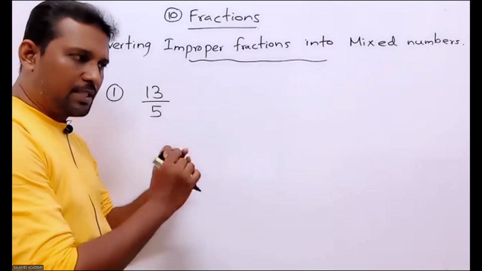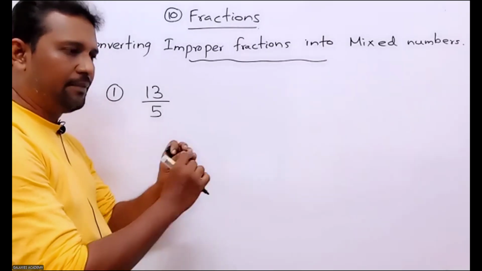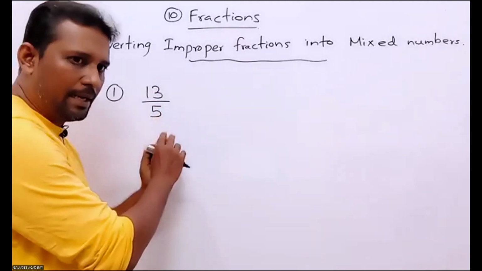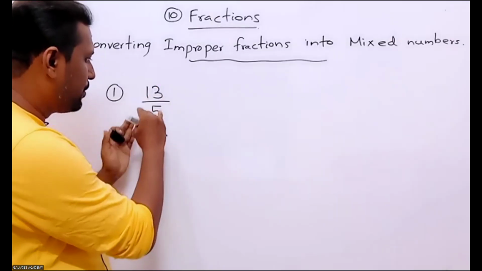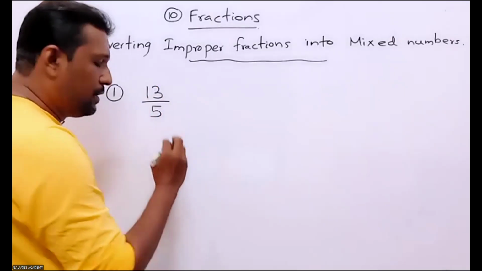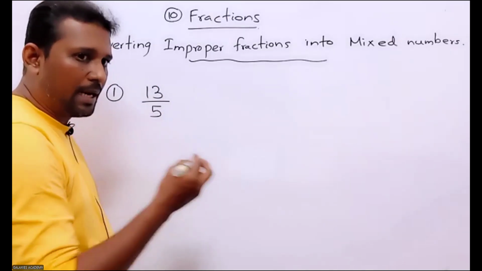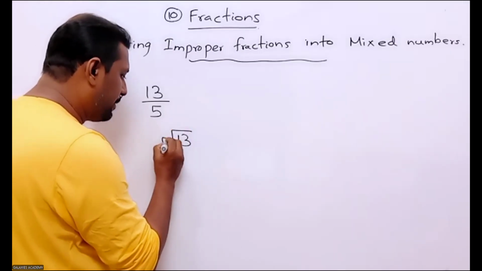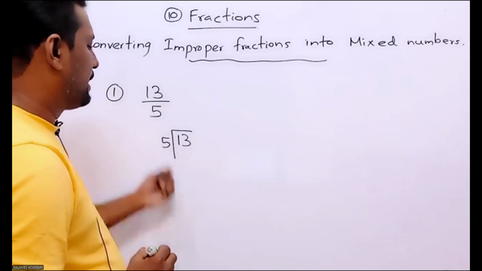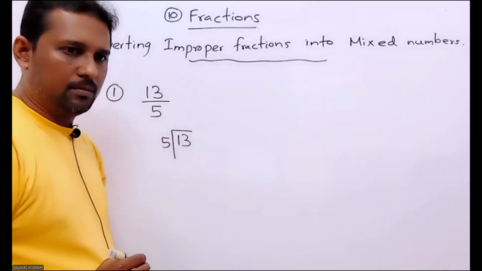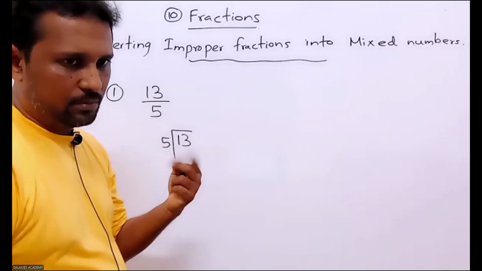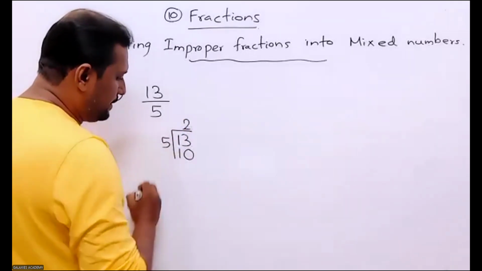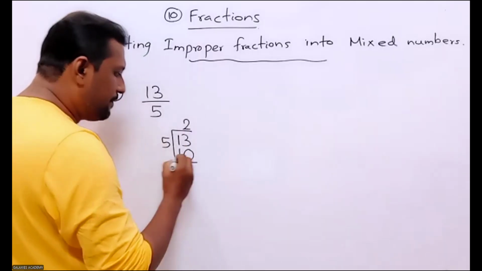So first you have to divide the numerator by its denominator. That means you divide 13 by 5 using the long division method. How many 5s in 13? 2. 2 times 5 is 10. What is the remaining value? 3.